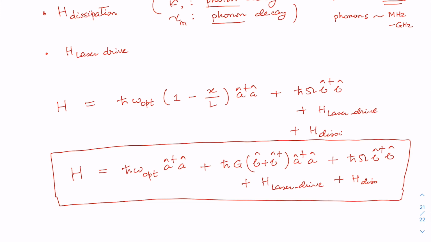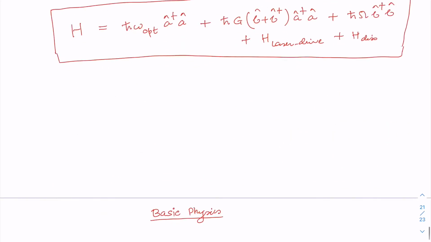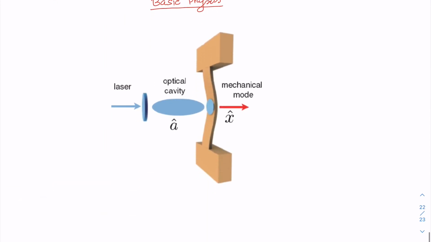Now we are going to discuss the basic physics of optomechanics in a qualitative manner. Let us consider this cavity optomechanical setup as shown in this diagram. Here the left hand mirror is fixed and the right hand mirror is attached to a mechanical oscillator, or a cantilever. So this mirror is movable.